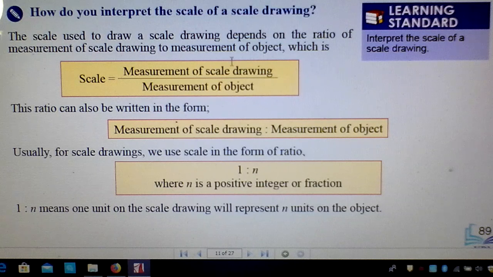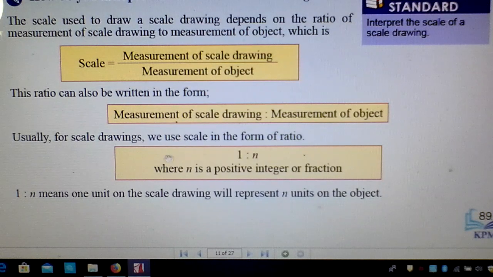Okay, or you can also say drawing to actual. Okay, this ratio can also be written in the form measurement of scale drawing to measurement of the object, meaning drawing to actual.